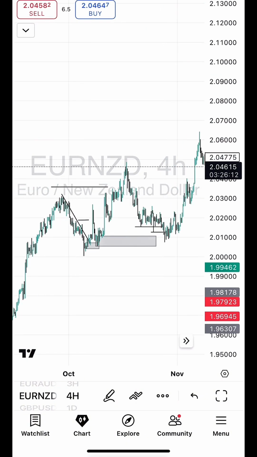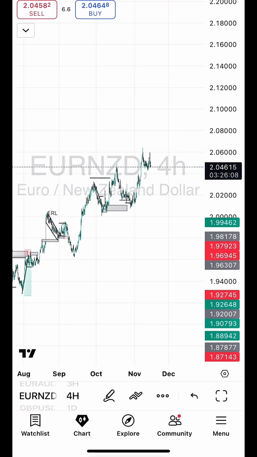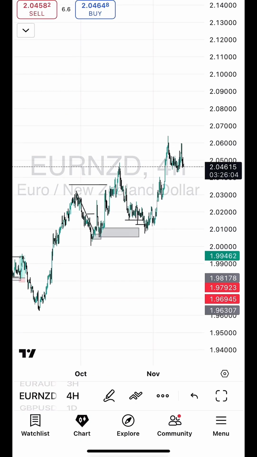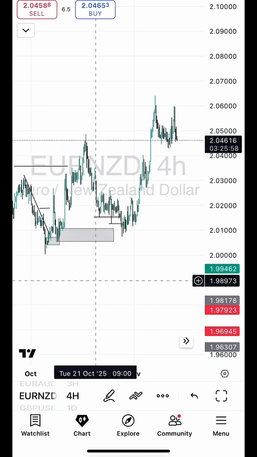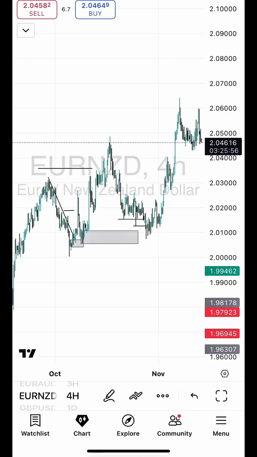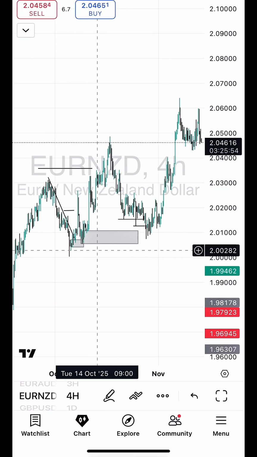Why? Because we had a break of structure that is following a bullish trend. You understand? The market is actually bullish. So it's very simple and straightforward. We had a break, meaning this level right here becomes our protected level.